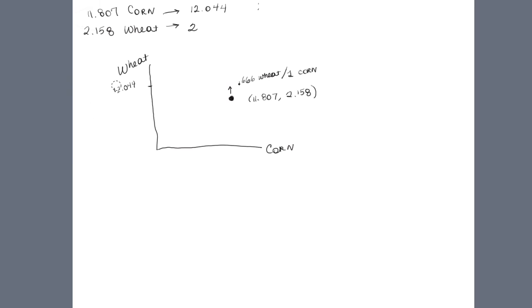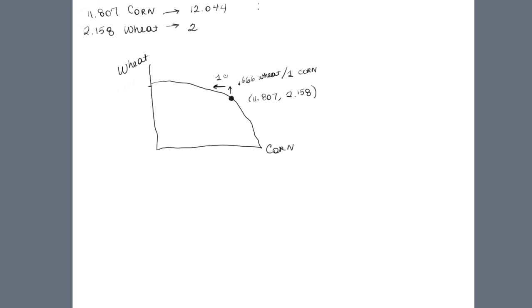Okay, so we know the production possibility frontier looks something like this. Just pretend that's a nice curve. And what it's saying is that at this point, in order to go up 0.666, we need to lose 1 corn to keep us on the production possibility frontier.